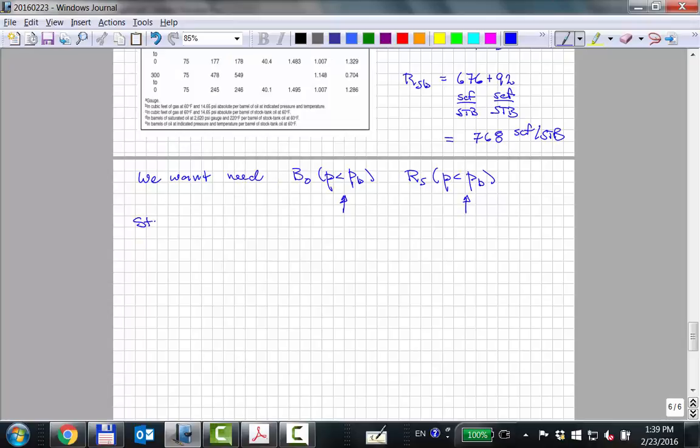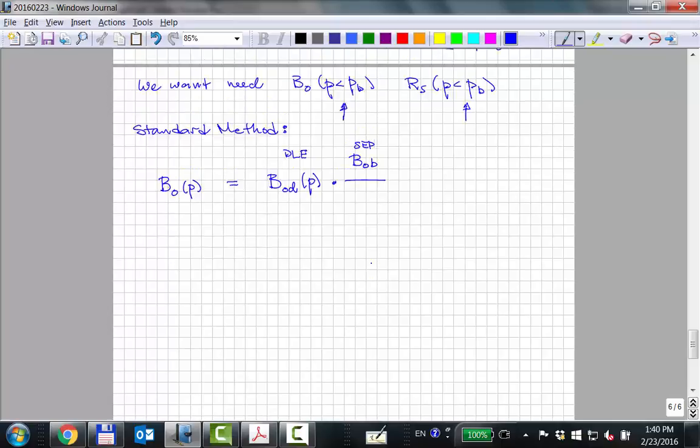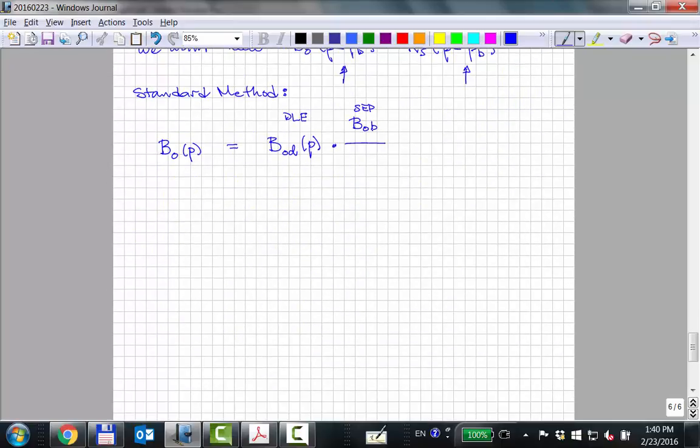So the standard method to do this, not necessarily the best method, but it's the standard method, is that we take the differential BO from the DLE experiment, times the BO at the bubble point from the separator test, that's the 1.474 number, divided by this differential BO at the bubble point, also from the DLE.